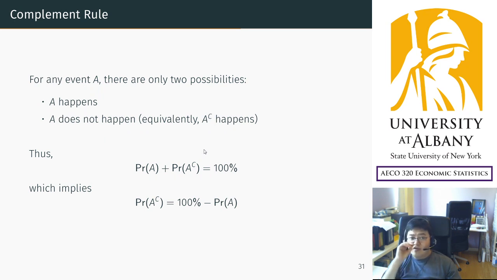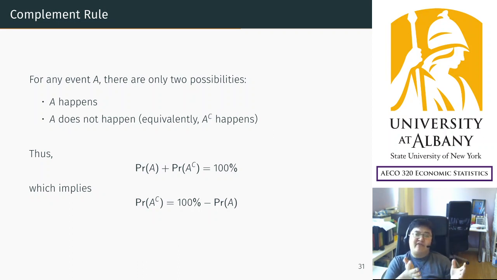Alternatively, you may use the complement rule when you calculate the probability of a complement event. So think about this. For any given event A, there are only two possible cases. First, A happens. Second, A does not happen. No matter what experiment you do or what event you consider, it either happens or not. It's binary, right? And the event that A does not happen is equivalent to the event that A complement happens.